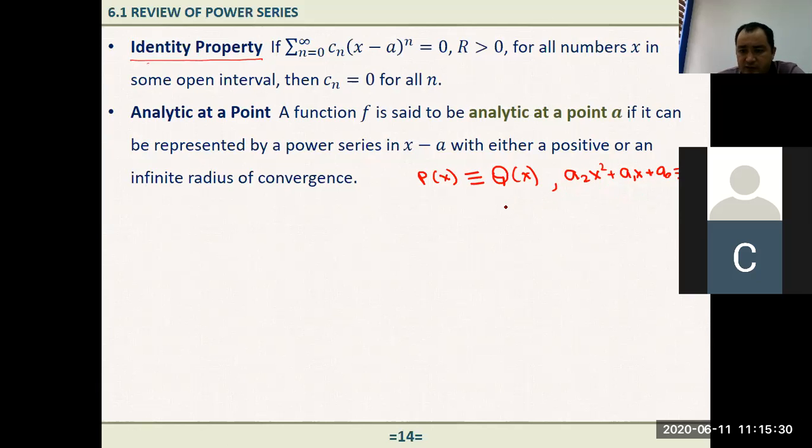What I have here is a sub 2 x squared plus a sub 1 x plus a sub 0. On the right-hand side, I have 0 times x squared plus 1 times x plus 1, right? So that means that this a sub 2 must be equal to 0 if these two things are identically equal to each other. So this a sub 1 should be equal to 1. And this a sub 0 should be equal to 1, right?